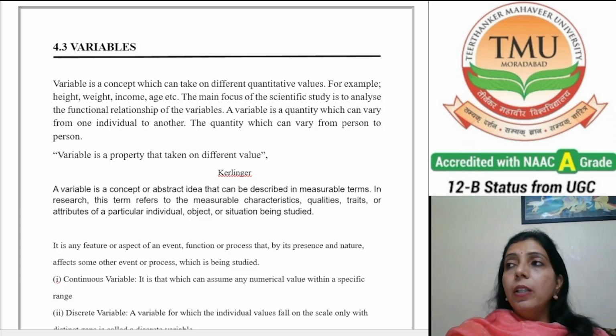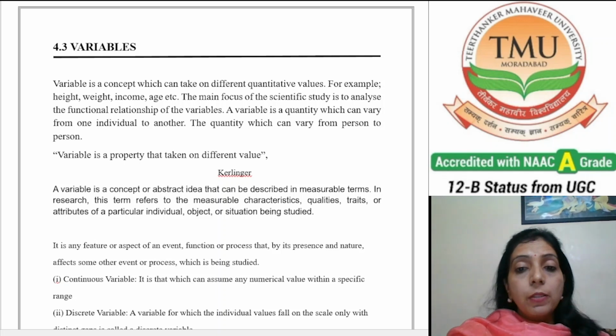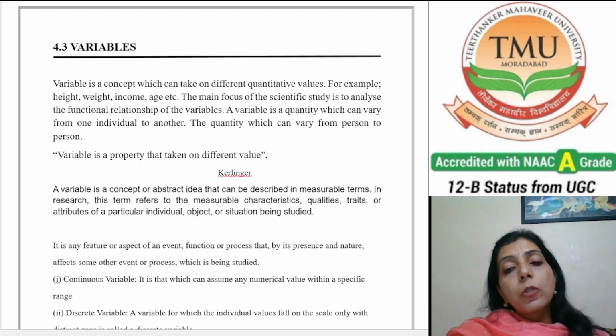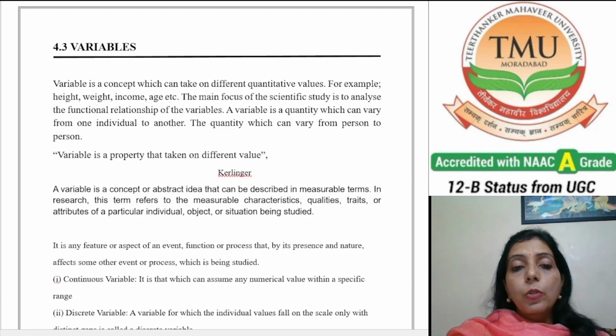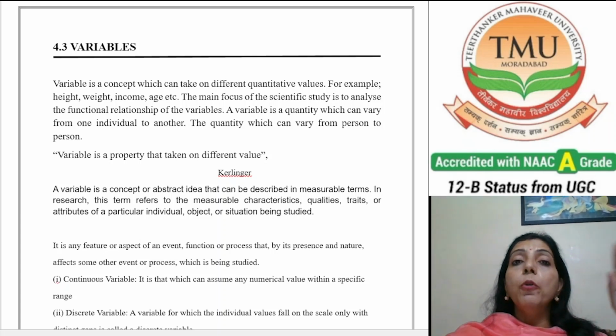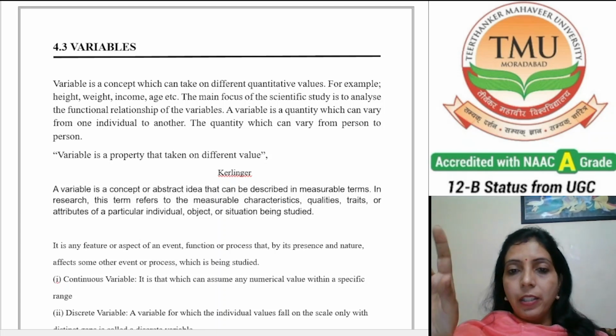Not even 10 students can score the same marks. Hence, the score on the science achievement test becomes a variable because this will vary from student to student.